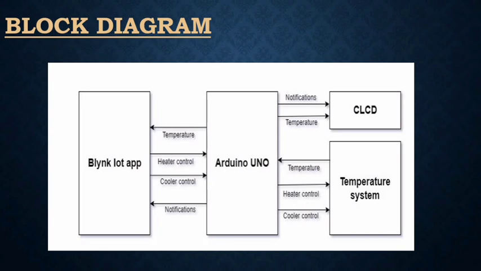We will get a notification in the Blynk IoT app when the temperature is above 35 degrees. We are displaying the temperature and notifications, such as the cooler being on or off, on the CLCD.